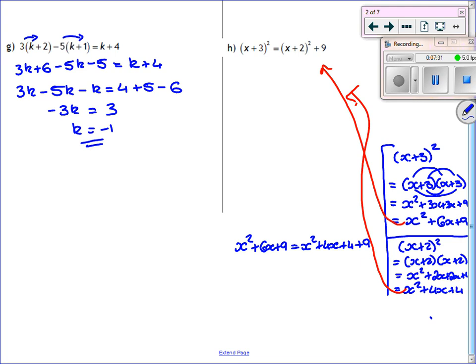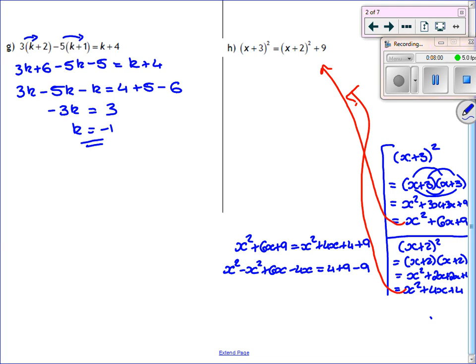So I want all the x's on one side, all the numbers on the other side. So I get x squared, take away x squared, plus 6x, take away 4x, is equal to the 4 that's already there, plus the 9 that's already there, and then take away the 9 that we're bringing over from the left hand side.